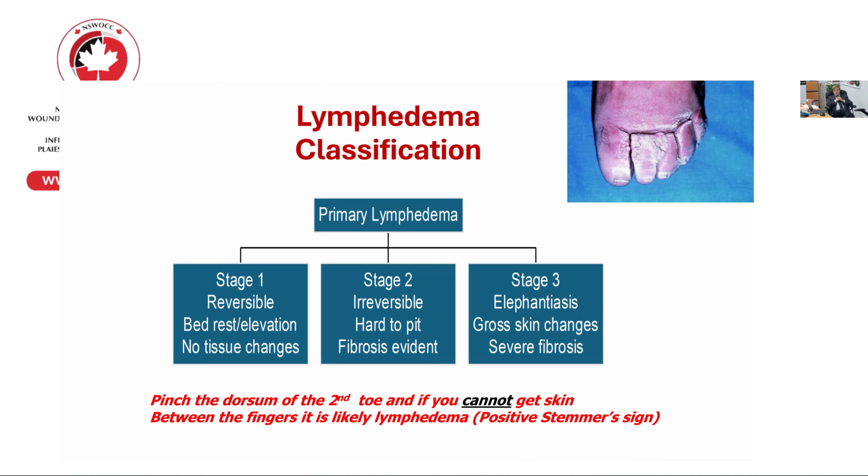In the third stage, you get elephantiasis, or enlargement of the toes and the skin, and you get gross skin changes and severe fibrosis. When you pinch the dorsum of the second toe and you cannot get the skin between the fingers, it is likely lymphedema. So that is the positive Stemmer sign.